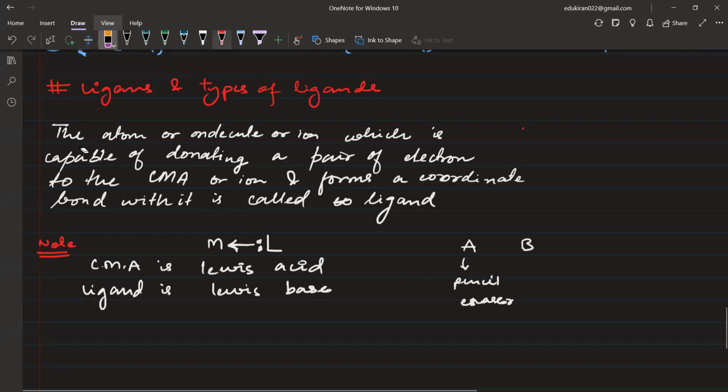Similarly here also you can see ligand is sharing both of the electrons which were of ligand only. मेटल का उसमें कोई भी इलेक्ट्रॉन नहीं है, लेकिन वो शेयर कर रहा है मेटल के साथ. Okay, so please take a screenshot for this, I'll give you 5 seconds and then we will go towards the types of ligand.